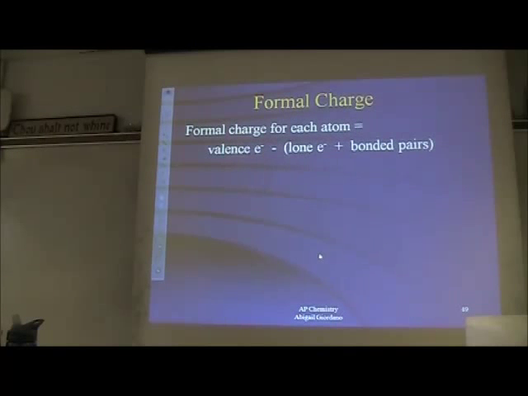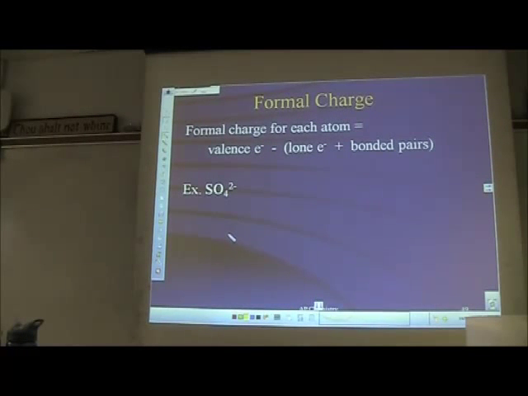Now, the example we're going to look at is the sulfate ion. And as I said, a formal charge question is usually going to have the structures already drawn out for you. So, if you used the step-by-step process that we talked about last class on how to draw a Lewis structure, this is what sulfate would look like.